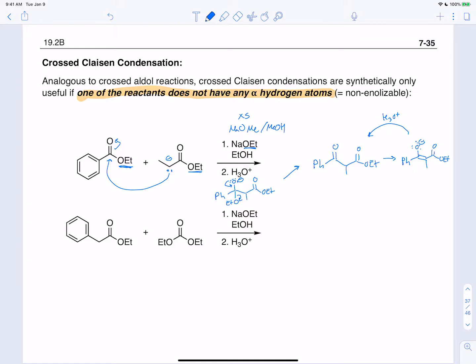So if you want to make beta diester compounds instead of beta keto esters, you can do the exact same thing using an ester enolate and reacting it with diethyl carbonate. So this will go through the same process as we saw. Again, make a tetrahedral intermediate. It can now lose one of its ethoxides.